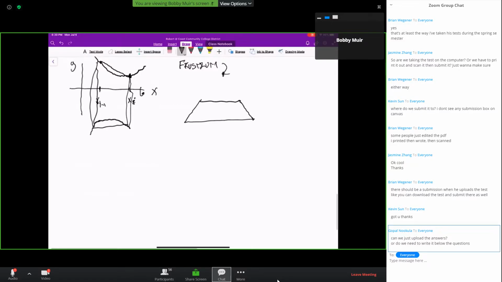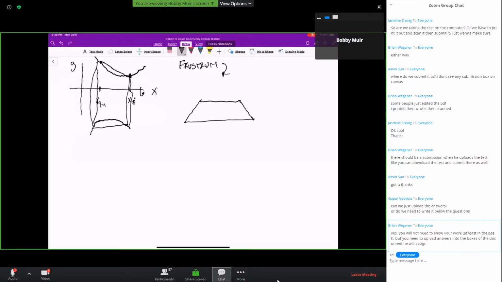Well, let's see if we can get the area of a cone. Imagine that I've got my cone right here. If we can figure out the area of the cone, then we can just subtract big area minus small area.